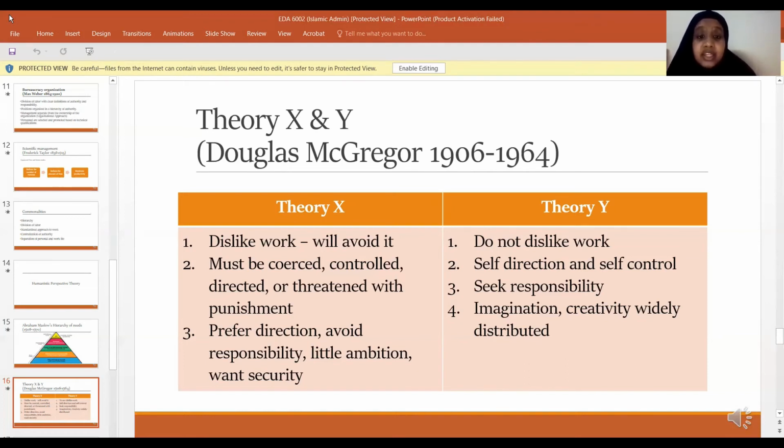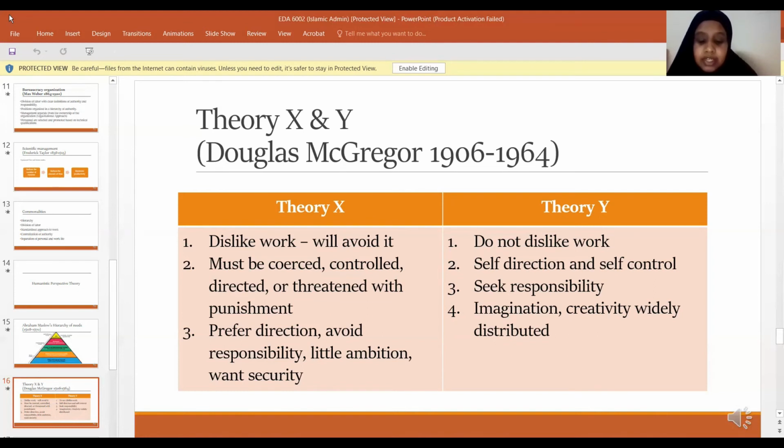About the assumptions of theory Y: the average human being does not have an inherent dislike of work.